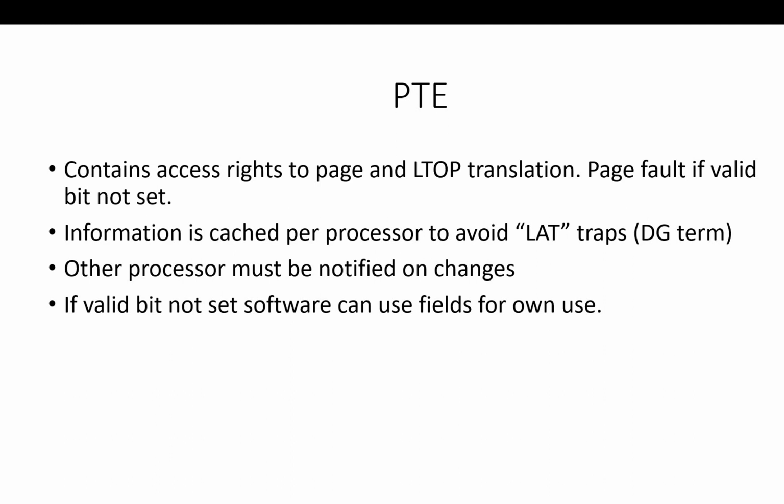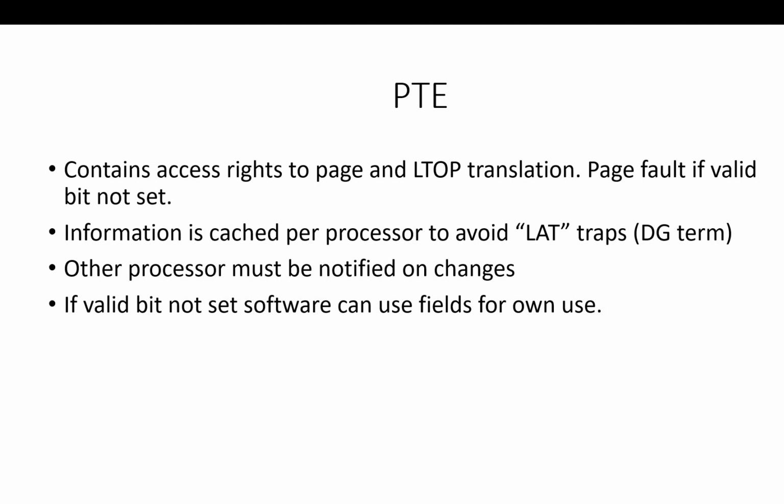There's a valid bit. If it's not set, it'll cause the operating system to enter the page fault handler. Information as far as the logical to physical translations can be cached. There is a translation look-aside buffer, it's called.